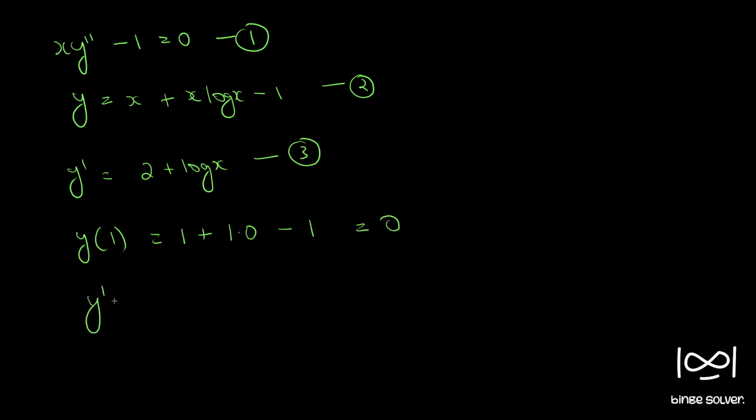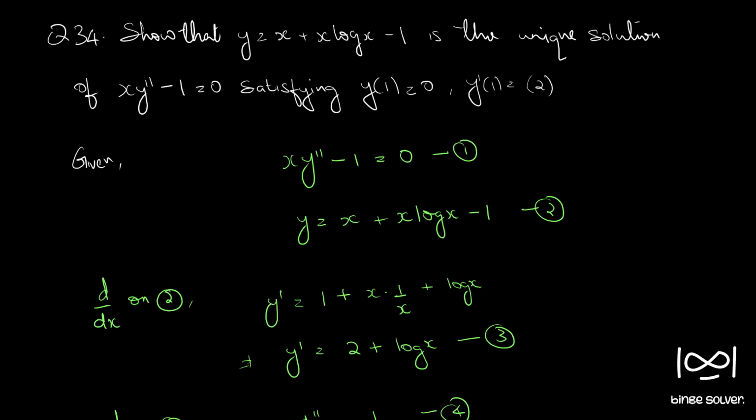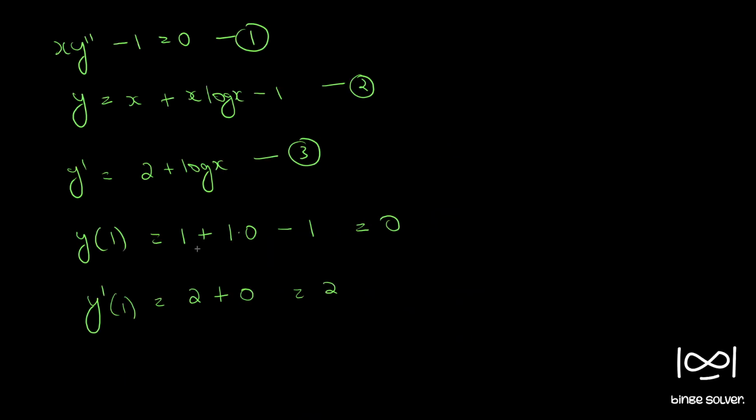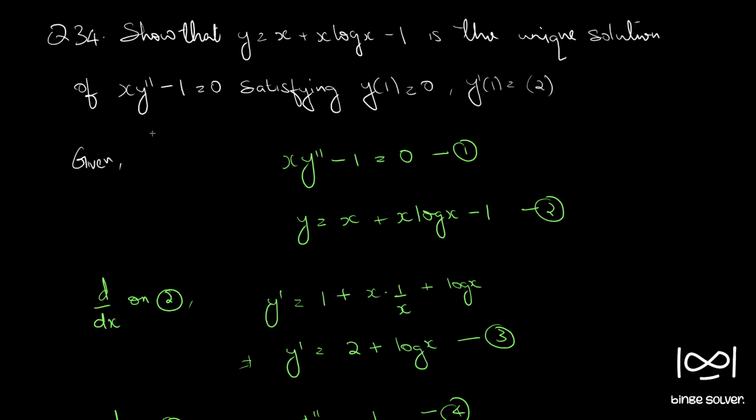And y dash, using 3, y dash 1 equal to 2 plus log 1, 0, equal to 2. So in the given question, y of 1 is given as 0 and y dash 1 equal to 2. So both initial value conditions are satisfied. So we now have a function y equal to x plus x log x minus 1 as a solution to this differential equation, satisfying these initial values.